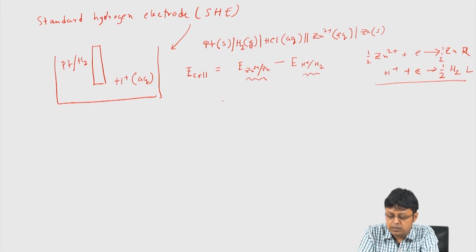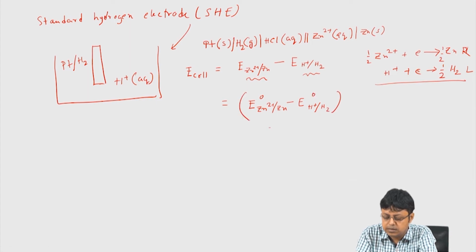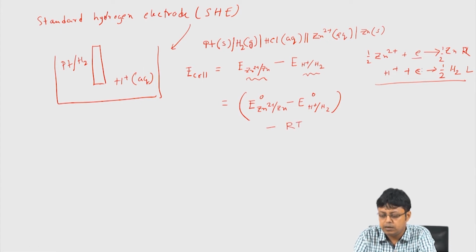Now, if we do that, then there will be some E 0, or the difference between E 0 of zinc 2 plus zinc minus E 0 of H plus H 2, the difference in the E zeros. Then we will have R T by nu F, and that nu we have deliberately written in such a way that it is already 1.